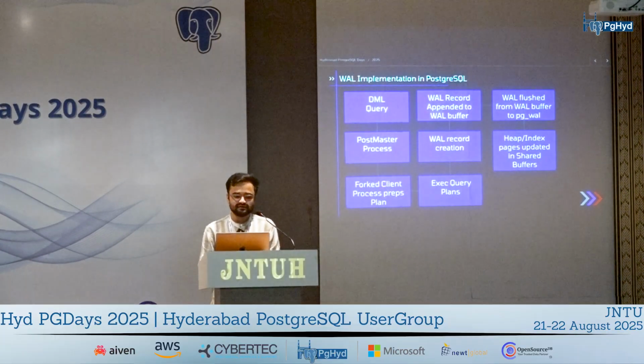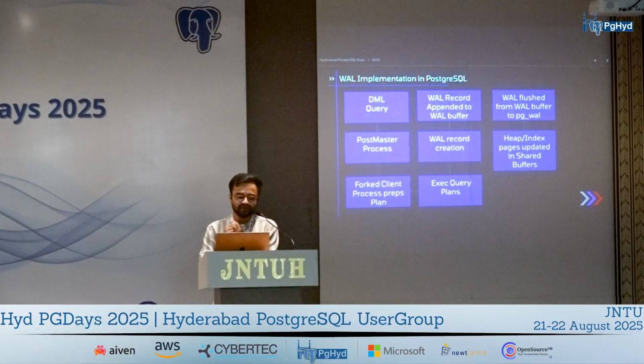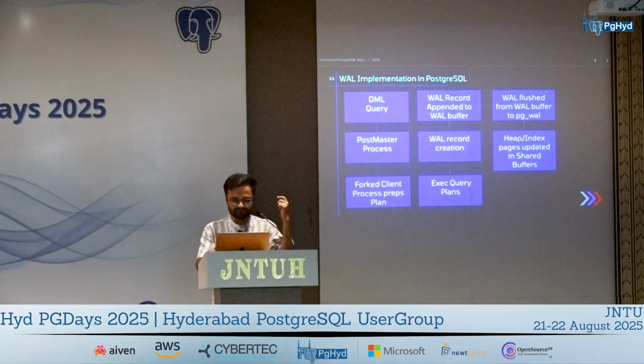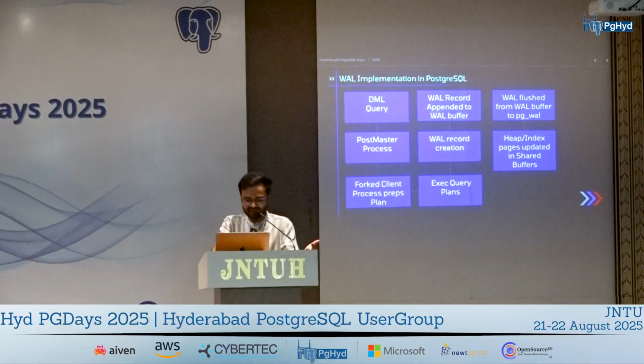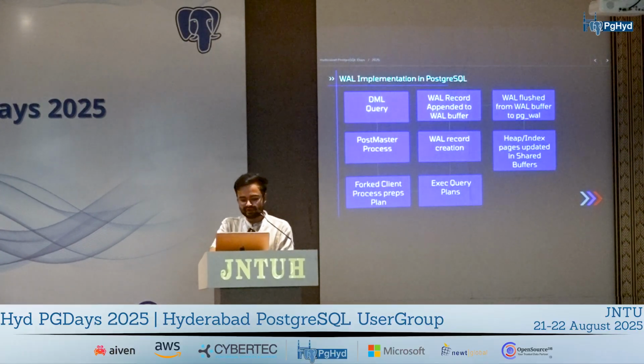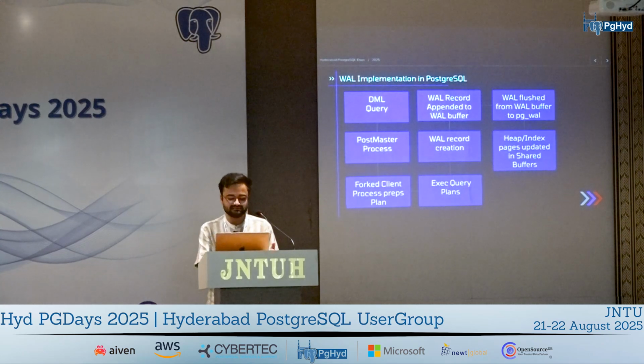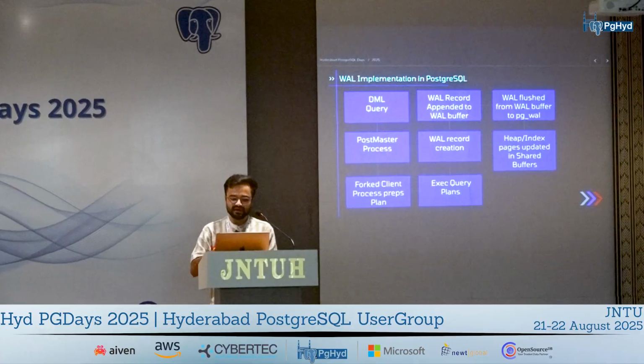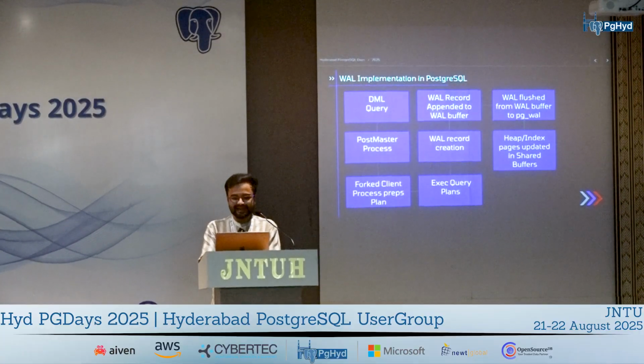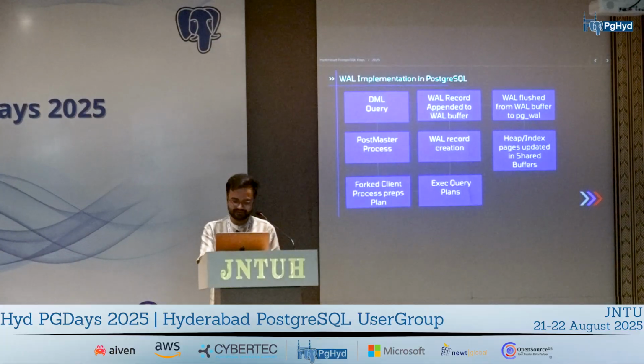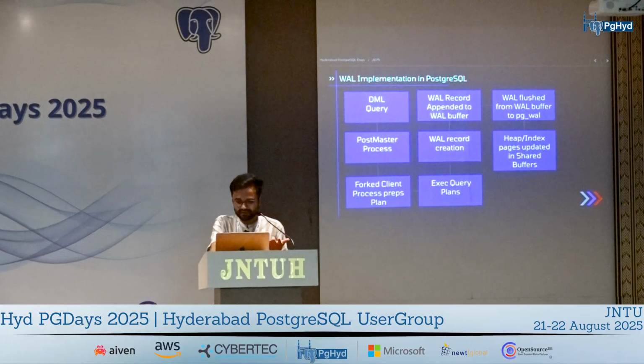So if we take the life cycle of a query, again a very oversimplified view, you will have your query. It reaches the postmaster process. Once it reaches the postmaster process, if it's the first time your client is connecting to Postgres, it will fork a separate process to actually carry out whatever task you wanted to, and this process will trigger the query planner. The query planner will generate a query plan, which will then be executed.